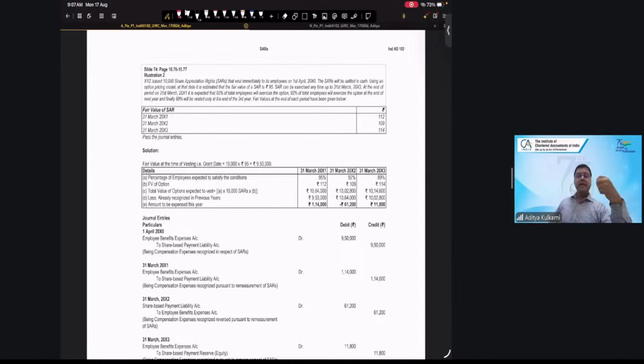In SARs, you pay cash based on the share value. You don't issue your own equity shares. SARs are a preferred way of paying the employees for multiple reasons. First, the control does not get diluted at the promoter level or the investor level, because what you are paying is cash, you are not giving them shares.